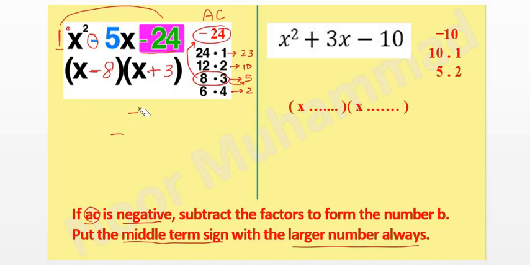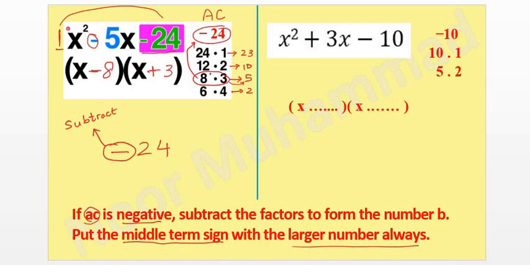So how can you memorize it? Just one thing. If you remember in my last video, I told you that this sign is very important, the sign that we write with this AC. Now this sign says two things. The first thing it says is subtract. Subtract what? The list of the factors. You will subtract the smaller number from the bigger number.